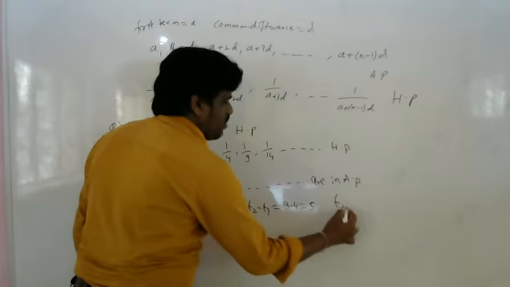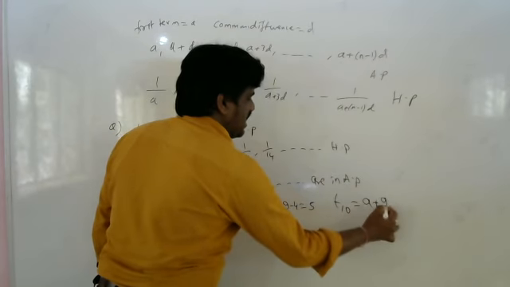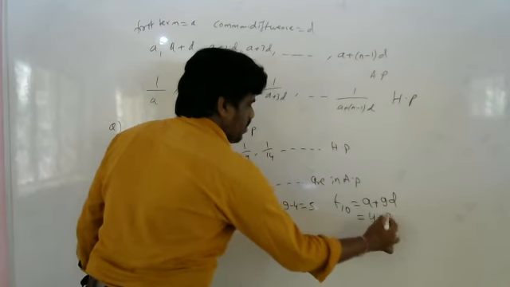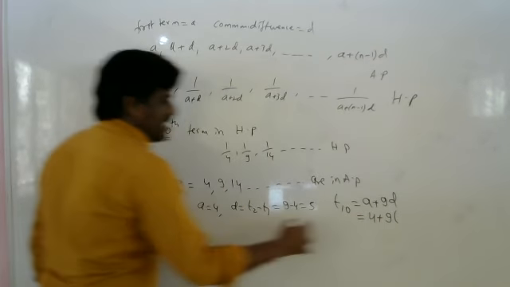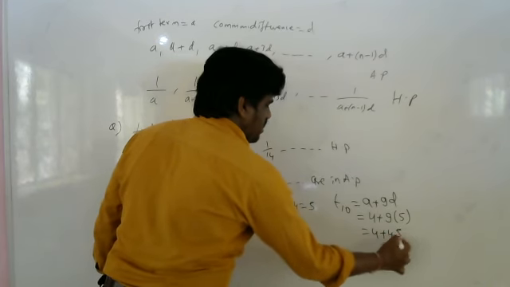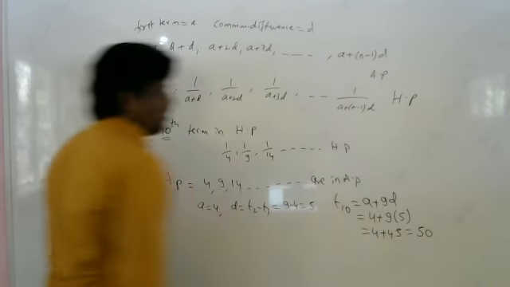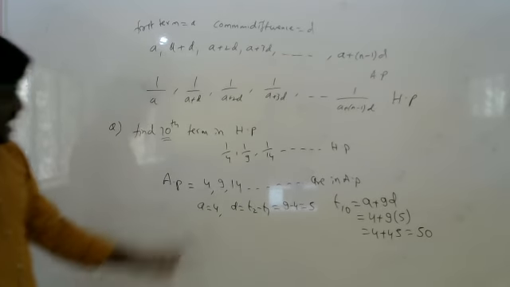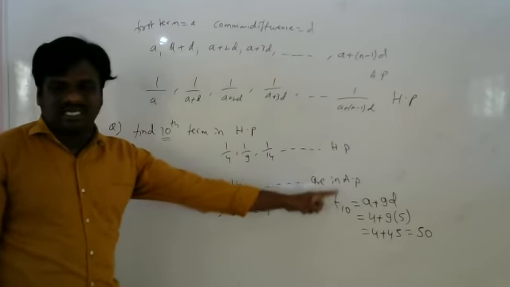T10 is A plus 9D. A is 4 and D is 5, so 4 plus 9 times 5 is 45 plus 4, which is 49... 4 plus 45 is 50. So the 10th term of the arithmetic progression is 50.